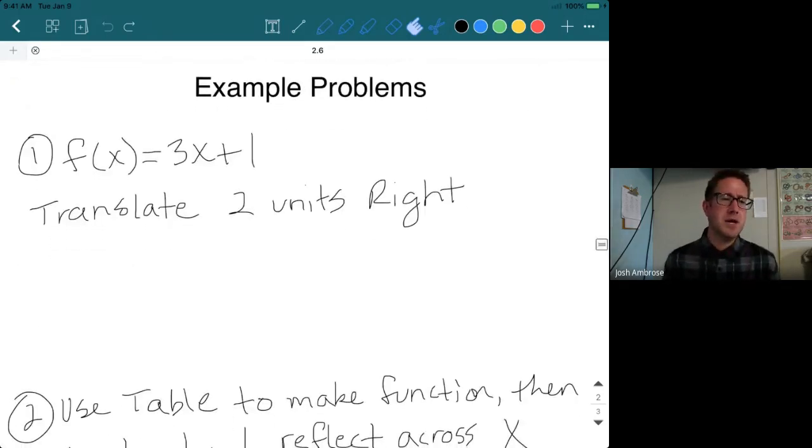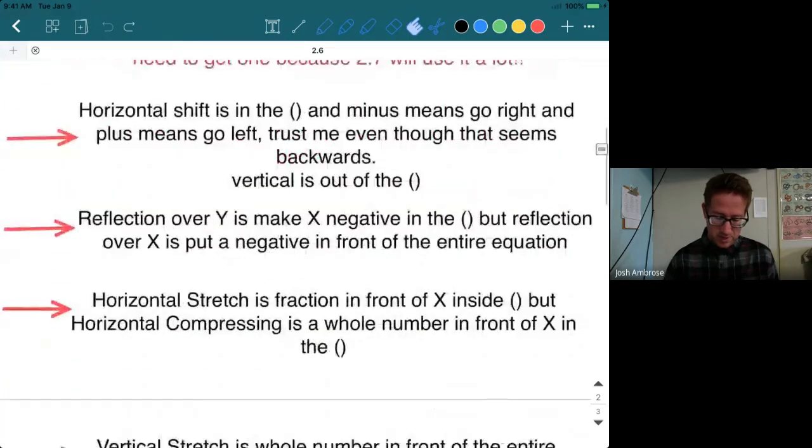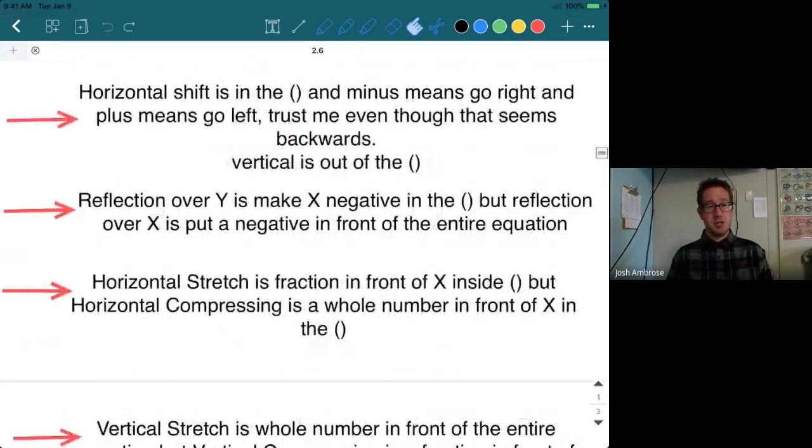So the function f of x equals 3x plus 1. We want to translate this 2 units to the right. So let's do our quick refresher. Go up to the top here, right there. It's a horizontal shift because that's what left and right is. So we have a horizontal shift. And what direction do we want to go?